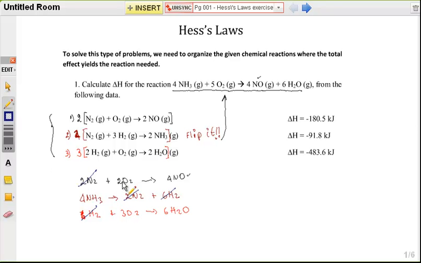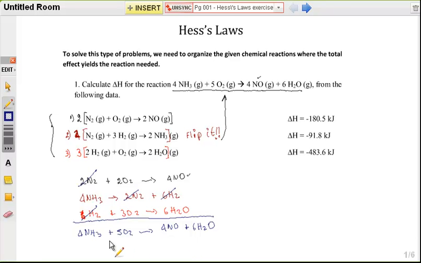let's see if we make the equation. Like addition, we got 4 NH3. We got 2 oxygens plus 3 oxygens. This gives you 5 oxygens and produce 4 NO plus 6 H2O.